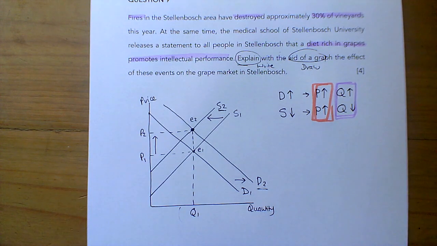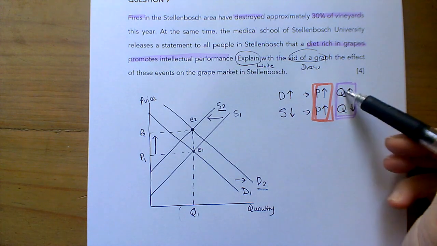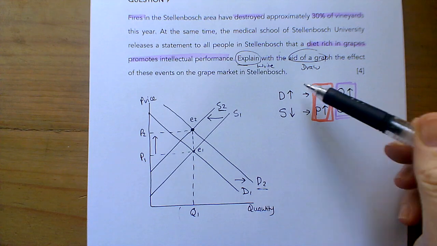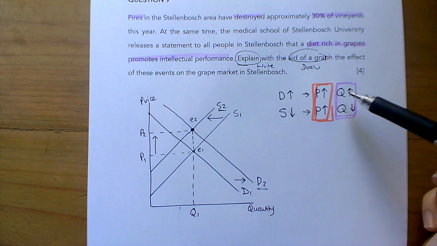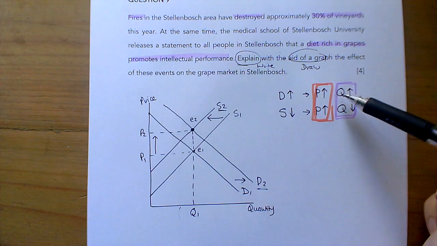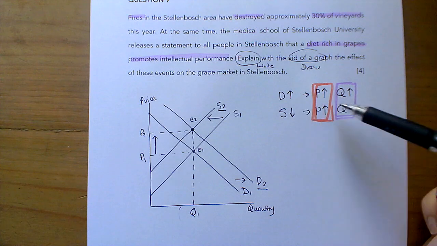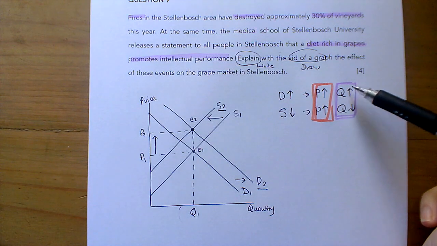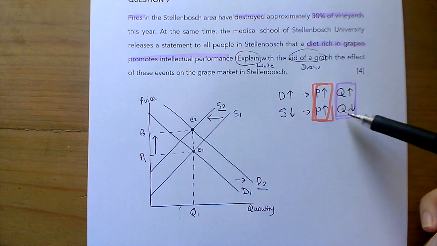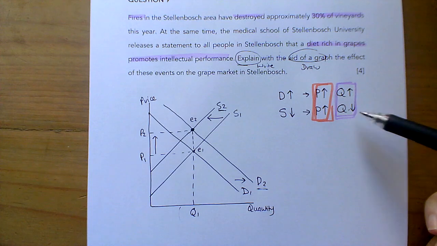And so the actual change on quantity in this market is going to depend on which of these are bigger. If demand increases by a greater magnitude than supply decreases, then we would expect quantity to have gone up. But if supply decreases quantity by a greater magnitude than demand increases it, then we would expect to see the overall quantity go down.